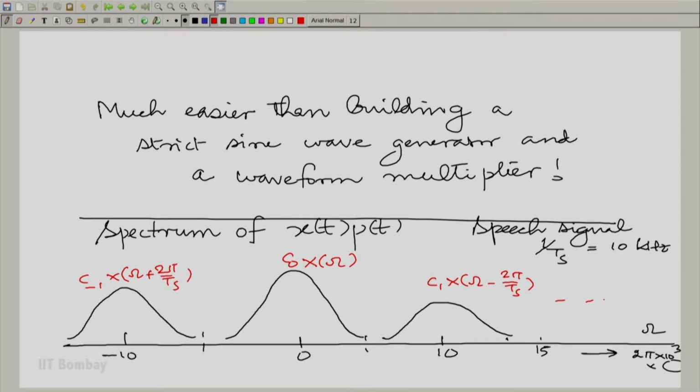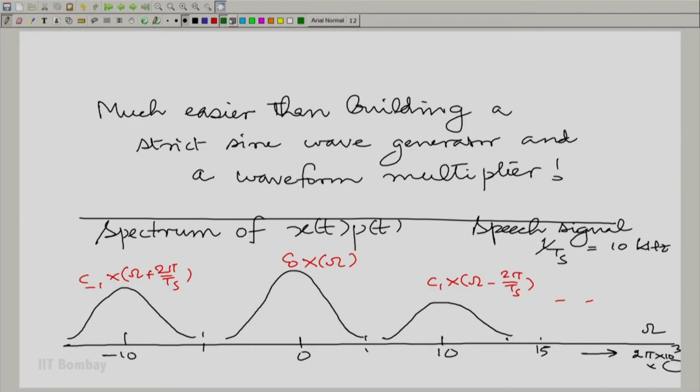Now, it is not the original spectrum that I want after amplitude modulation, it is the first 2 carbon copies. So, if I want to do amplitude modulation successfully here, I must retain the first 2 carbon copies and throw away everything else. I want to throw away the original spectrum, and C2, C3, C4 and C minus 2, C minus 3, C minus 4, all of them. So, what do we want to do?